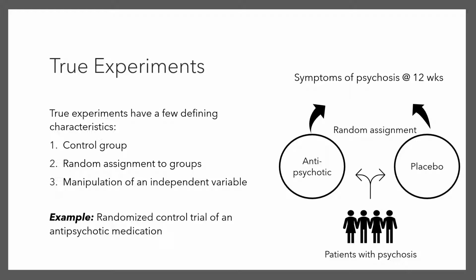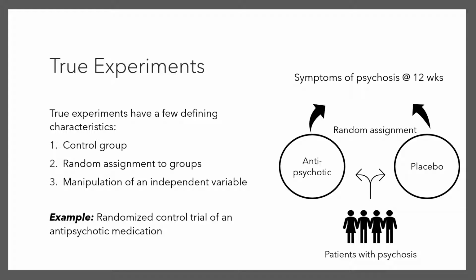A great example of a true experiment is any randomized control trial, which are well known and sometimes referred to as gold standard research designs that are often used to investigate new medical or behavioral psychological treatments. And they're also used in health sciences and a lot of the hard sciences as well.